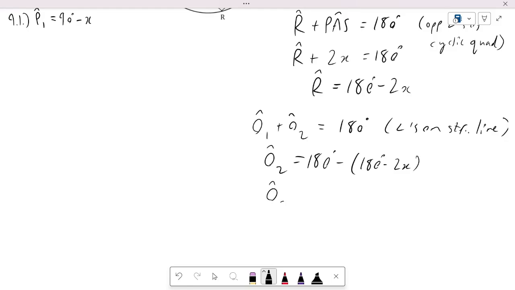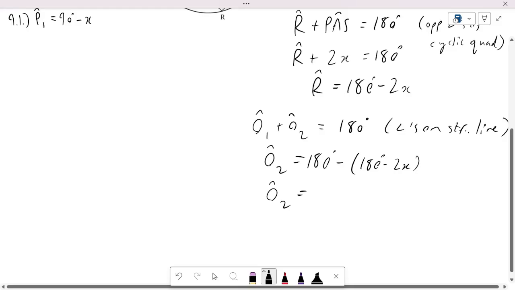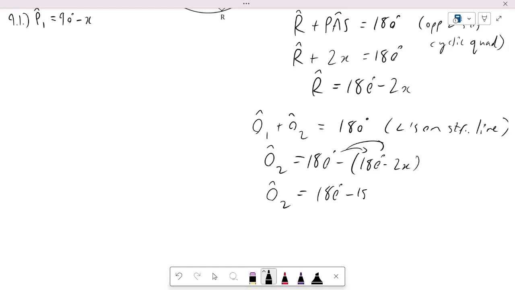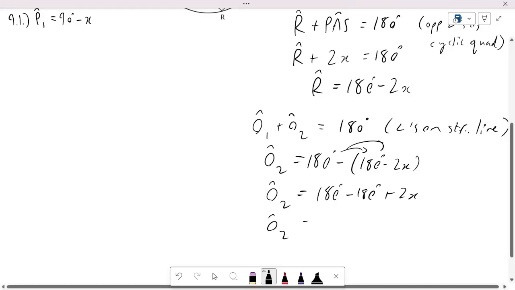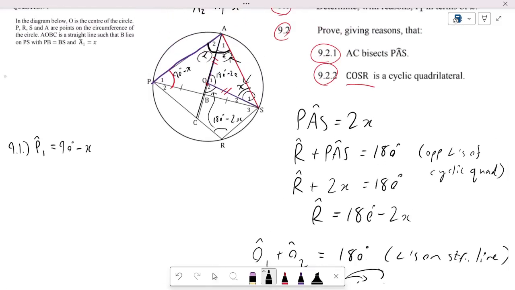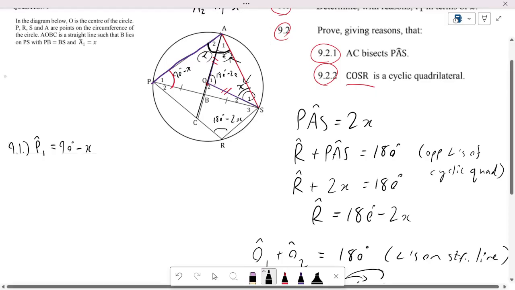And now we can simplify even further. It's going to be 180 degrees, the minus goes into the bracket, and we're going to have minus 180 degrees plus 2x, right? And therefore, these cancel, and angle O2 is equal to 2x. And there we go. Now we have angle O2 equal to 2x, right? So we are getting somewhere. It seems that we are on the right track.